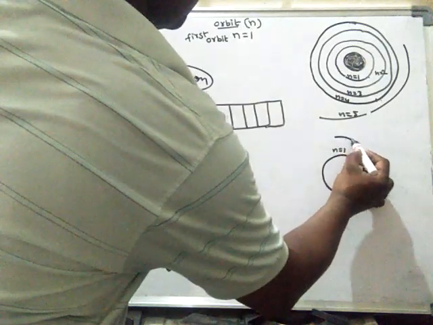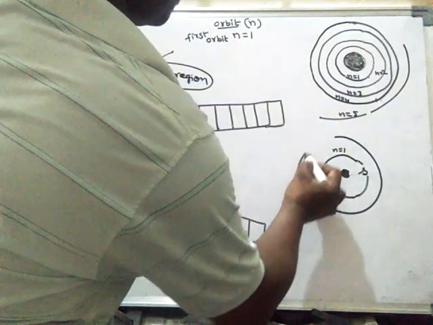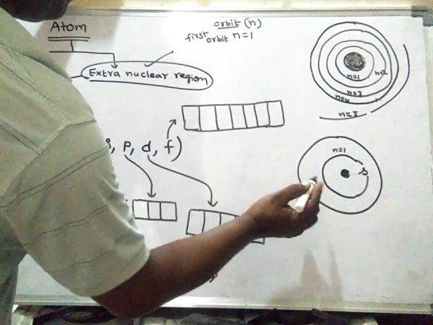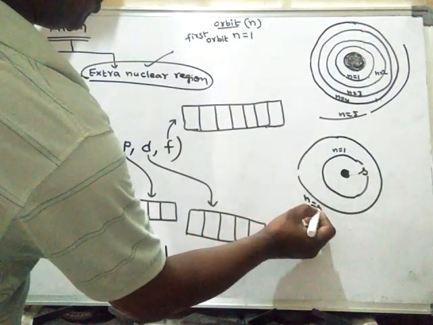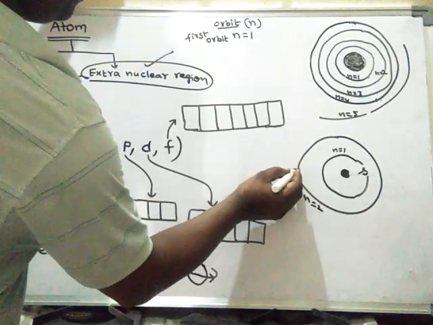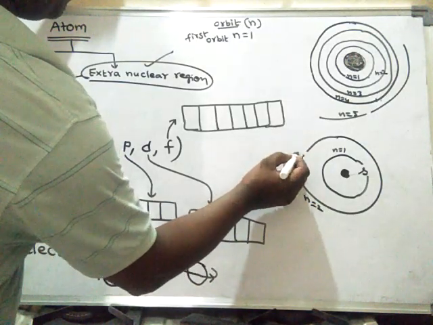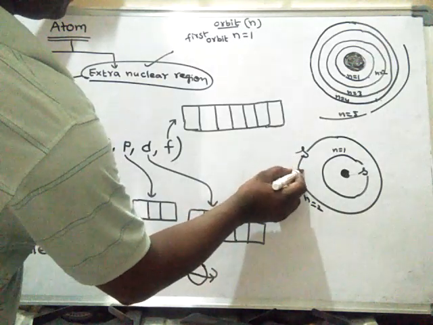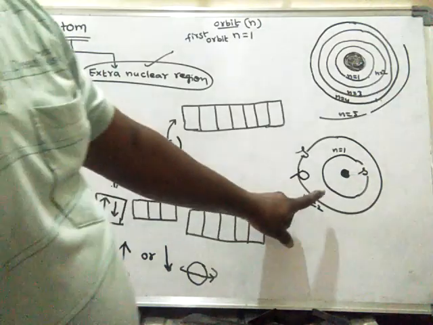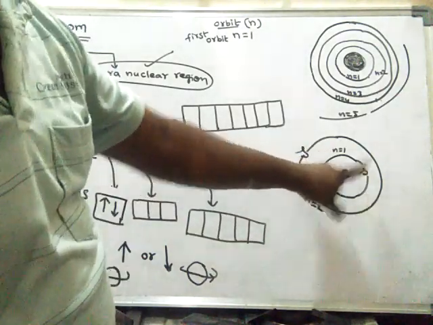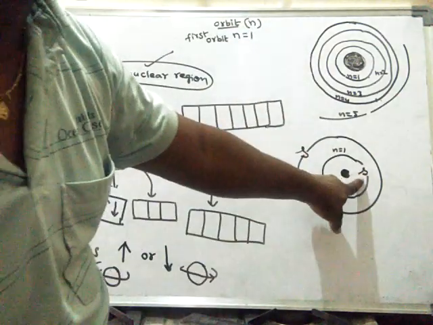Now take the second orbit, n is equal to 2. This second orbit contains the s suborbit as well as the p suborbit. The first orbit, n is equal to 1, contains only one suborbit, that too the s suborbit.